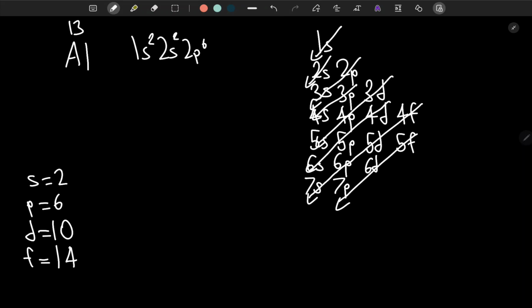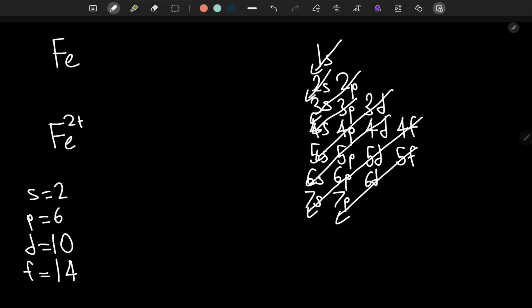What is the next orbital after 2p? It is 3s, so 3s2. Now we are still left with 1 electron, because this is a total of 12. After 3s, it is 3p, so it's going to be 3p1.